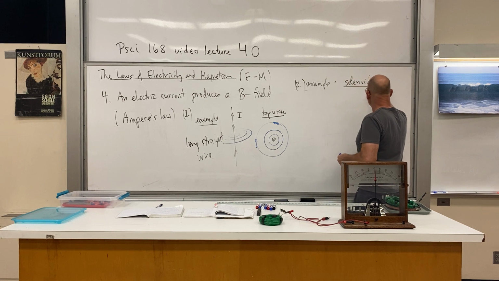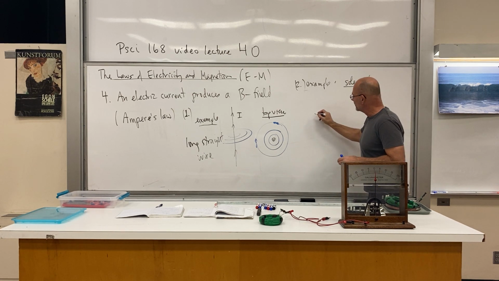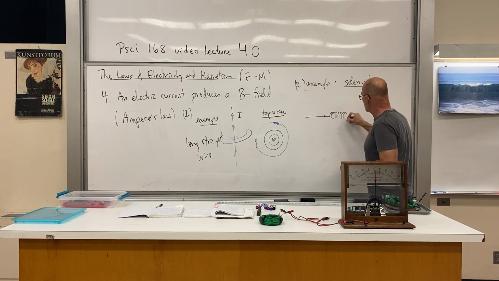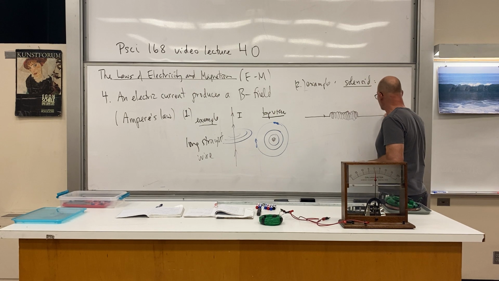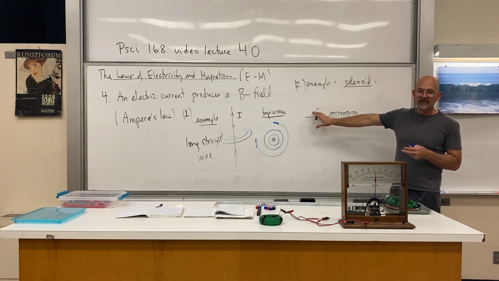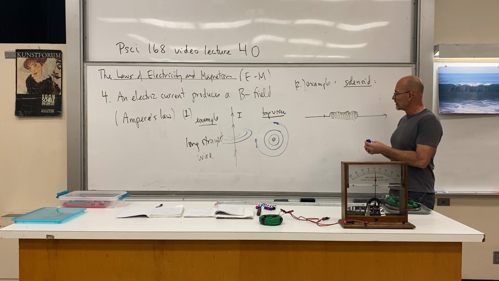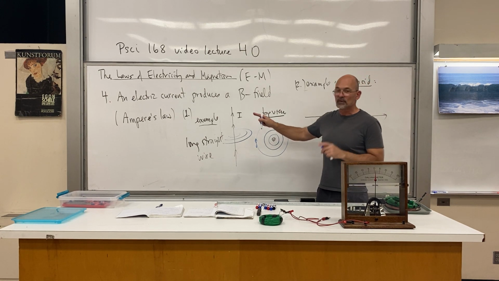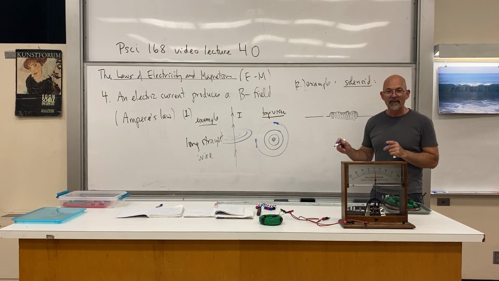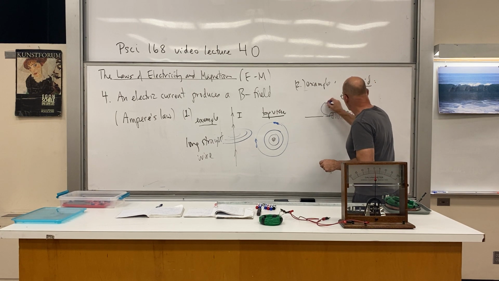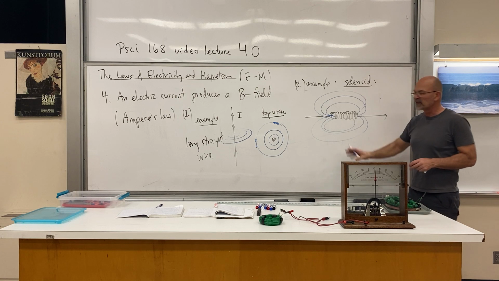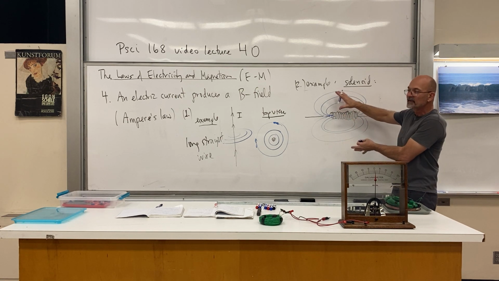So solenoid, look that up and get some images, but the interesting case is if you have current coming in and then you have this long cylinder wrapped and the current keeps going like that, it's got to be insulated wire. What you're actually going to get is a B field that looks just like the one I erased, okay? So it looks just like the bar magnet, like the dipole. You're going to get this B field, and again, if you put the iron filings there, put the compass needles, iron filings, it's going to show you that B field.